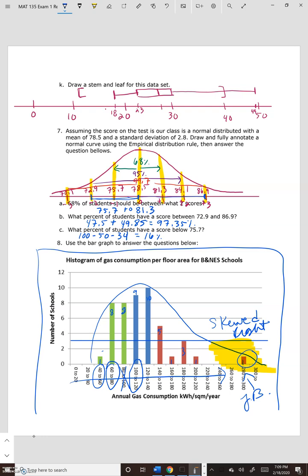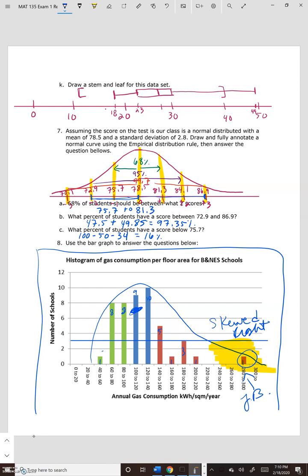The median is going to be half of the schools are on one side, half of the schools are on the other side, so we should be able actually to figure this out. If there's 47 altogether, half of 47 is going to be approximately 23.5. So let's see, 16, 17, 26. So the median's going to be somewhere in here.